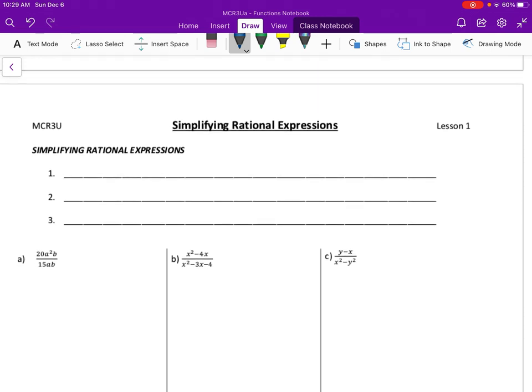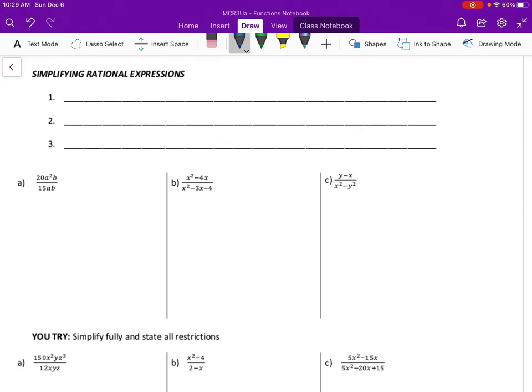Okay, so that's kind of the background on this stuff. Now we're going to get into the algebra, and we're going to do a few days of stuff like this, but this is kind of the basis of it. When you're simplifying rational expressions, the first thing you always have to try to do is to factor. If you do not factor, you're ultimately not doing this properly. Sometimes you don't have to factor because it's already in a factored form. But if you don't factor, then you start to cancel things, and it just doesn't make sense mathematically.